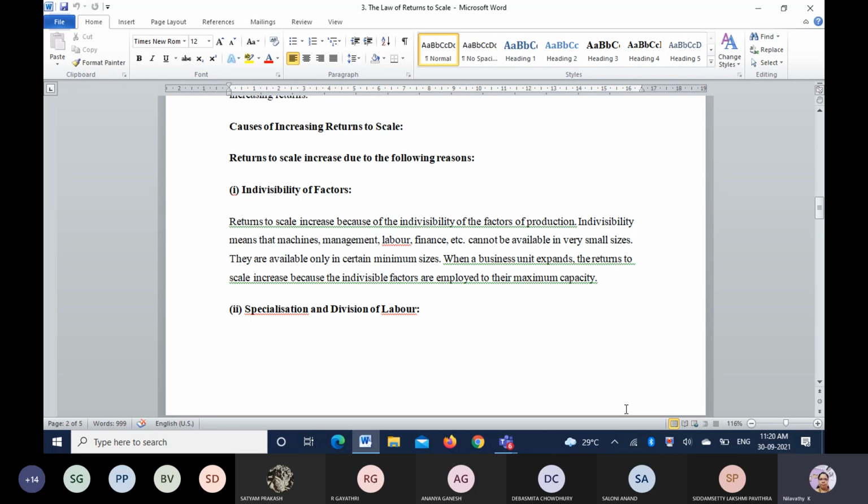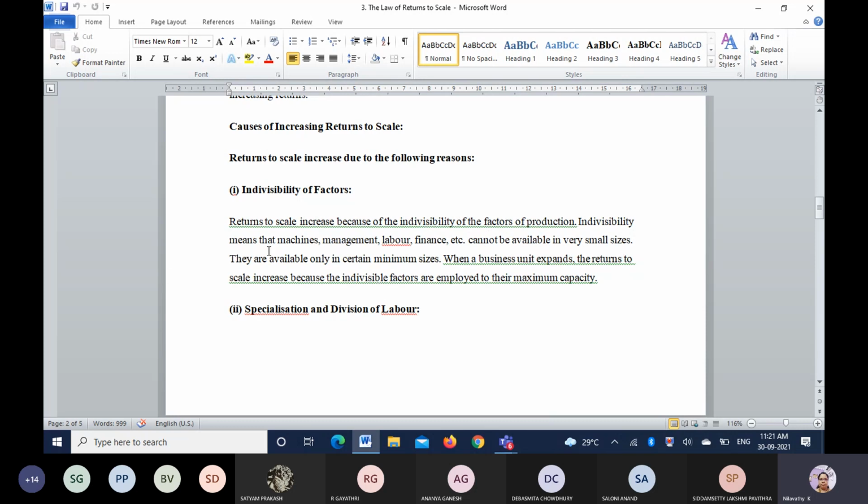Otherwise, until you use it to the maximum capacity, its production will be very good, and the investment put on that particular machine is going to serve you for a longer period of time. So in the initial stages, you will be earning increasing returns. Your productivity will be high. Why? Because you're not using the equipment to the fullest capacity. That is what indivisibility of factors of production is.